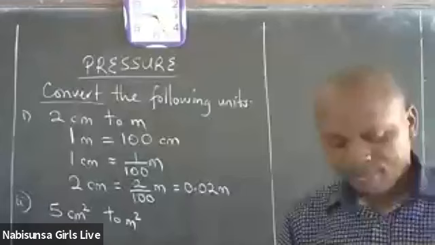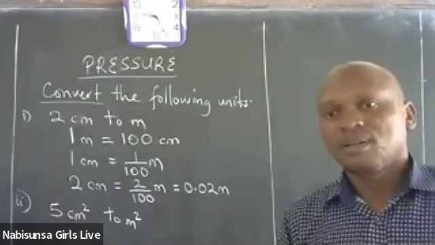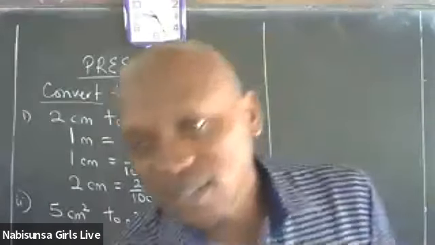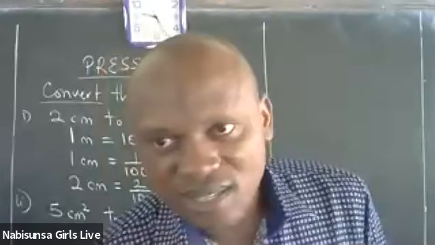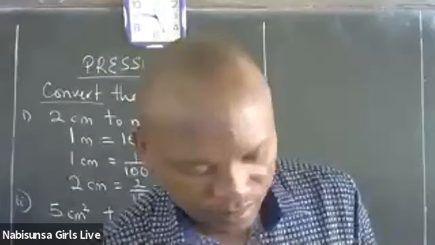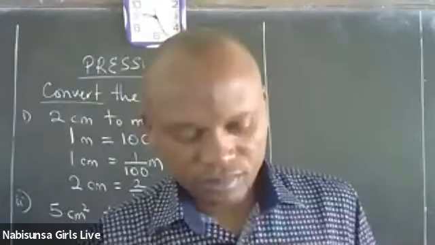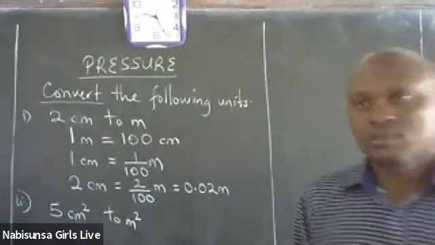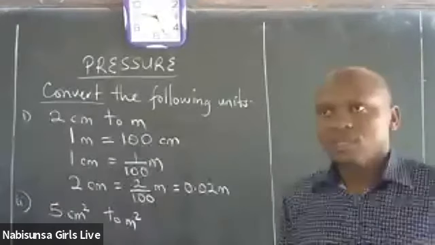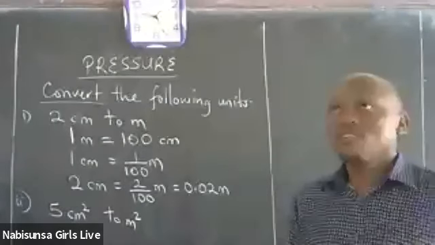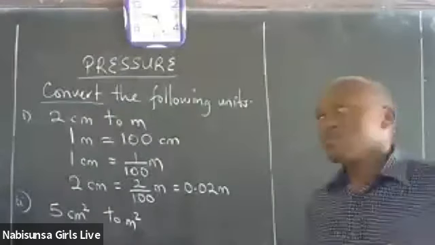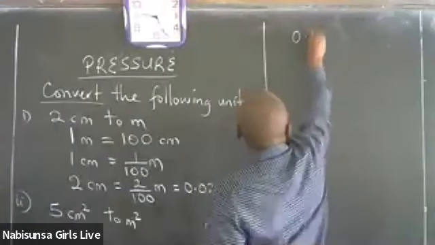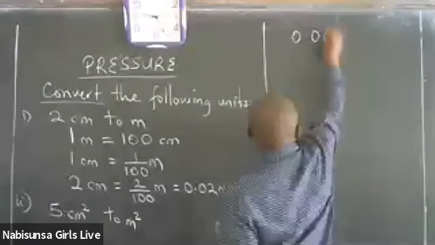Any answer? 0.005 meters. 0.005, two zeros. Somebody has 0.005.